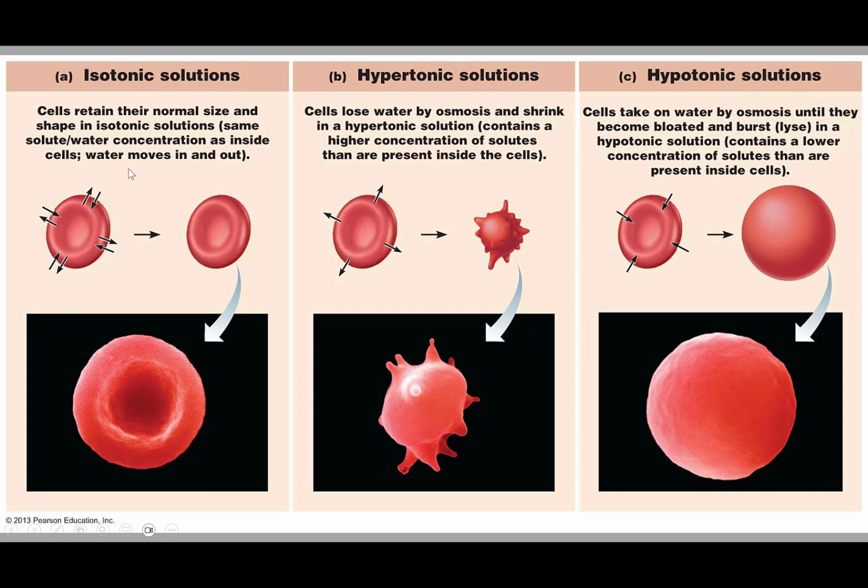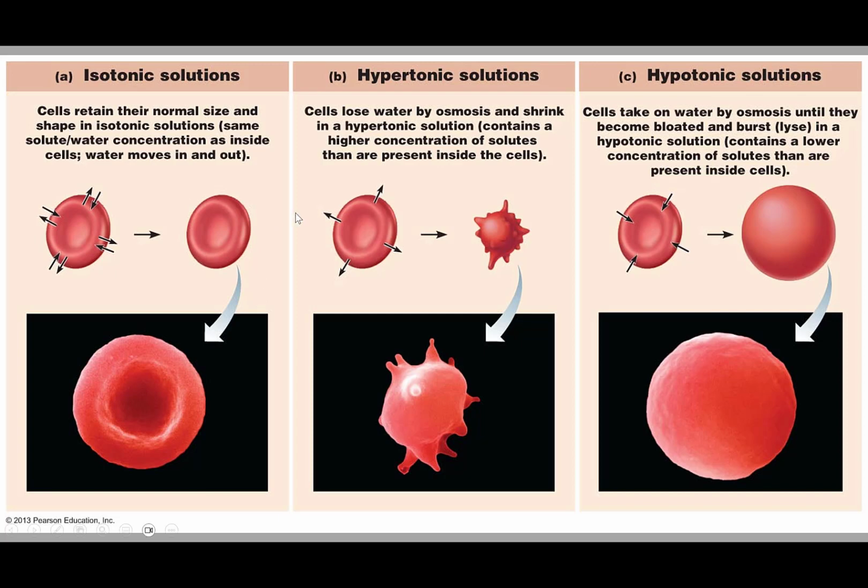It's just kind of bad form to say an isotonic solution. When you see an isotonic solution, it means isotonic to your body. Well, what happens? Water moves in and out of the cell at the same rate, so the cell remains the same size.